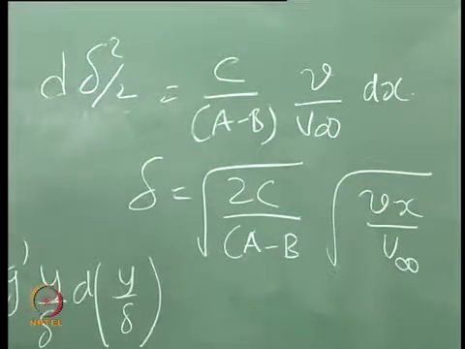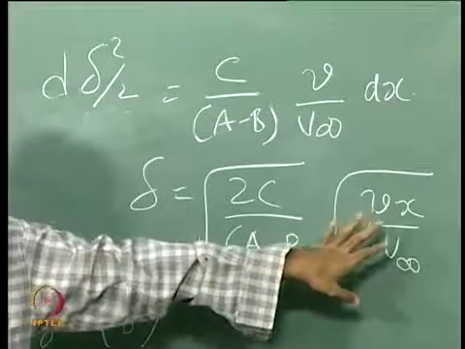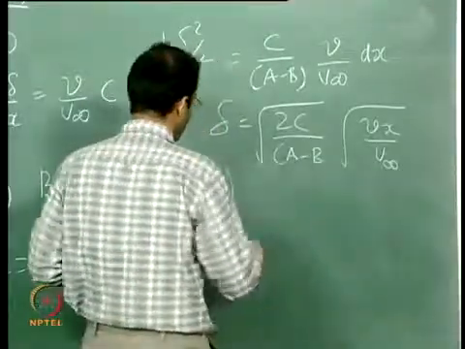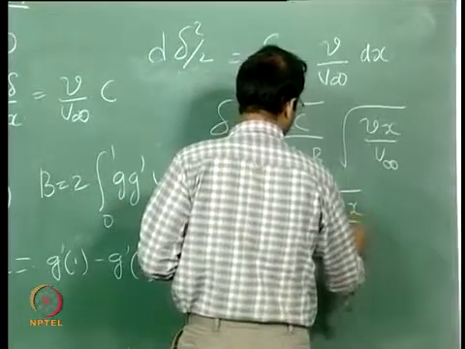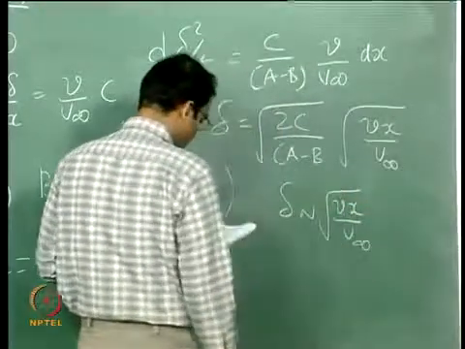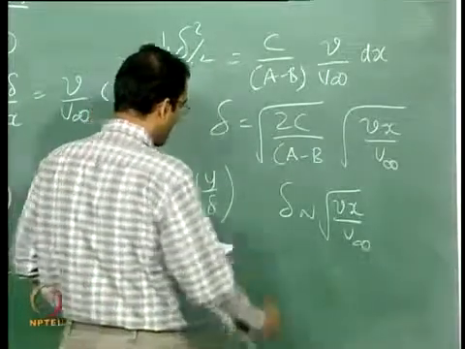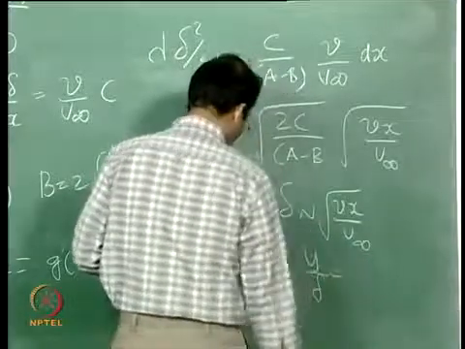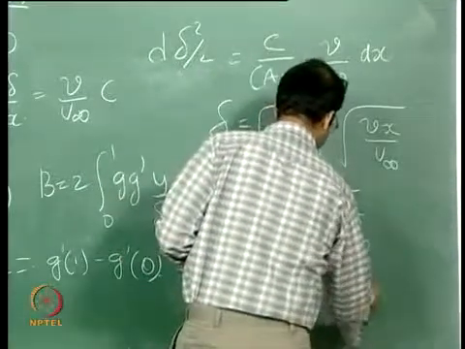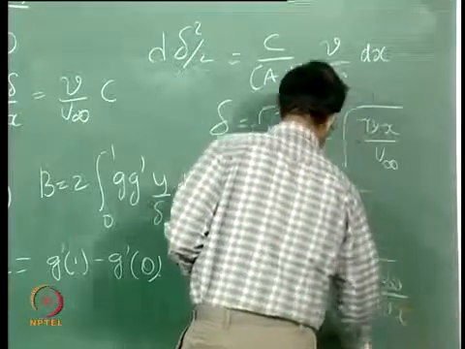So therefore you can see clearly that we have arrived at a relationship between delta and x. Your delta therefore is a function of x through this particular relationship, and therefore if you say your eta is equal to y by delta, that will become y times square root of u infinity by mu x.